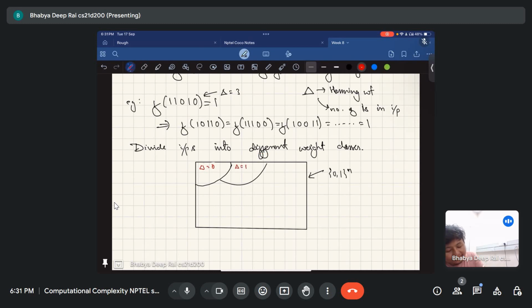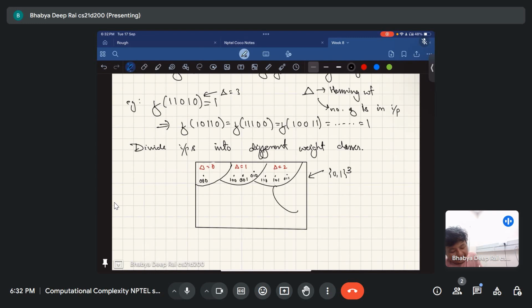Let me give an example with {0,1}^3 now. Here you have one possible input, delta equals 0, meaning 0 0 0. Then delta equals 1 has 1 0 0, 0 1 0, 0 0 1. Then delta equals 2, and here you'll have more: 1 1 0, 1 0 1, 0 1 1.